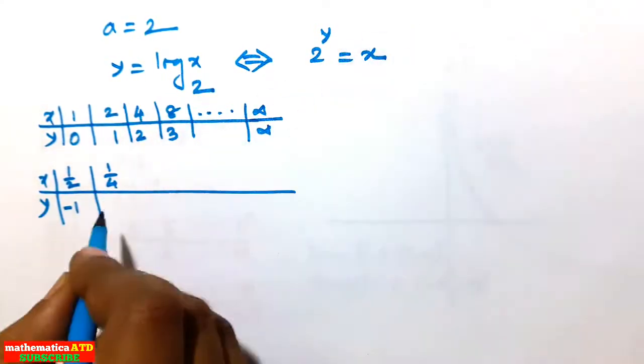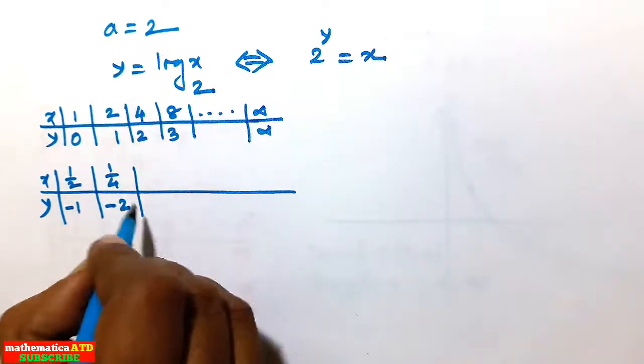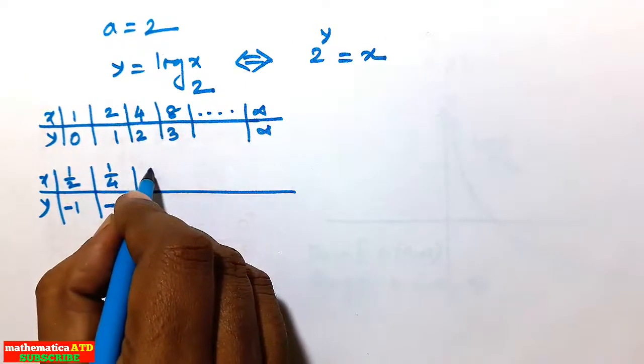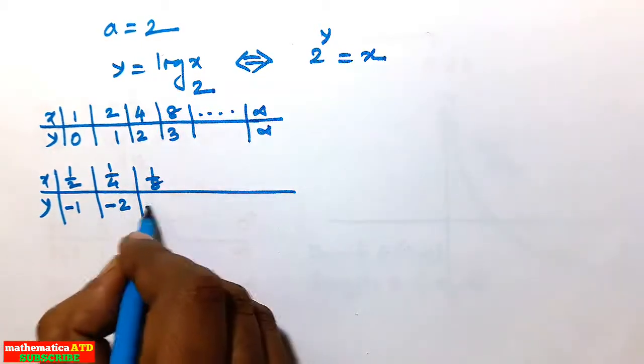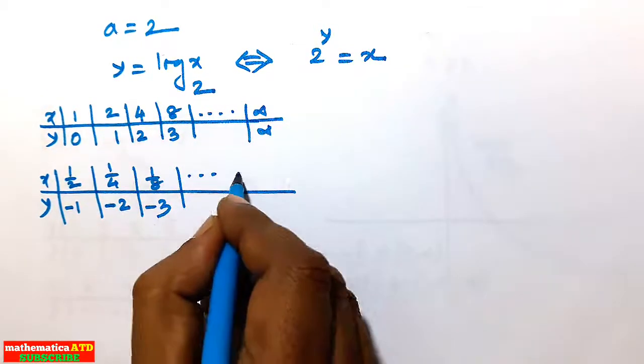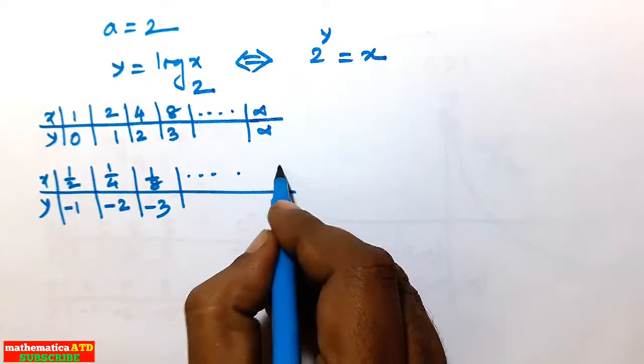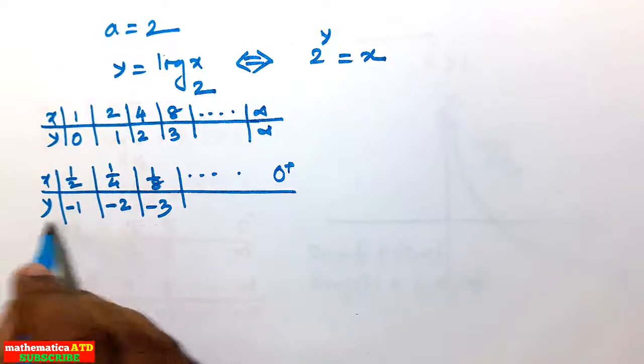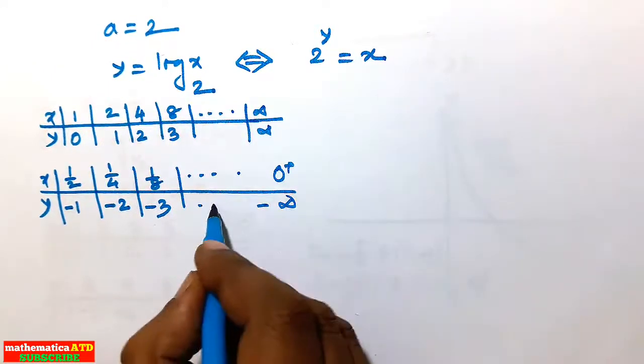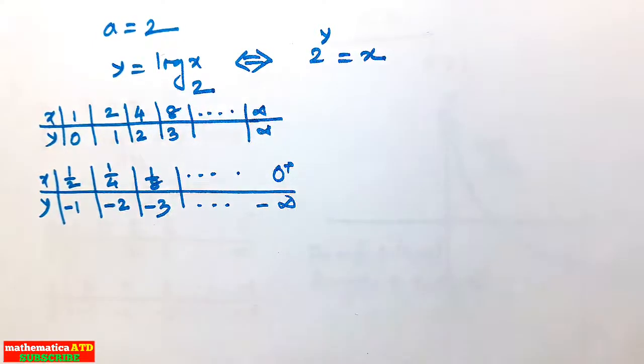So y is equal to minus 2. In this way, when x is equal to 1 by 8, then y will be minus 3, and so on. And when x is equal to 0 positive, then obviously y will be negative infinity.